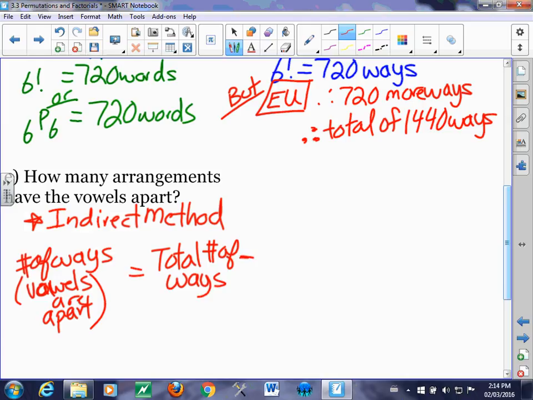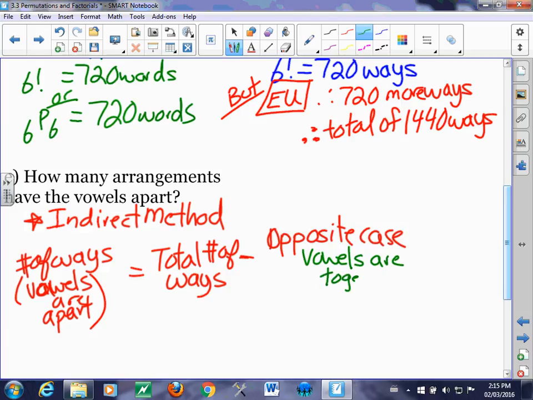So what's the opposite? It says where the vowels are apart, we're going to say where the vowels are together, right? Indirect means the opposite. So you take the total and subtract the opposite.